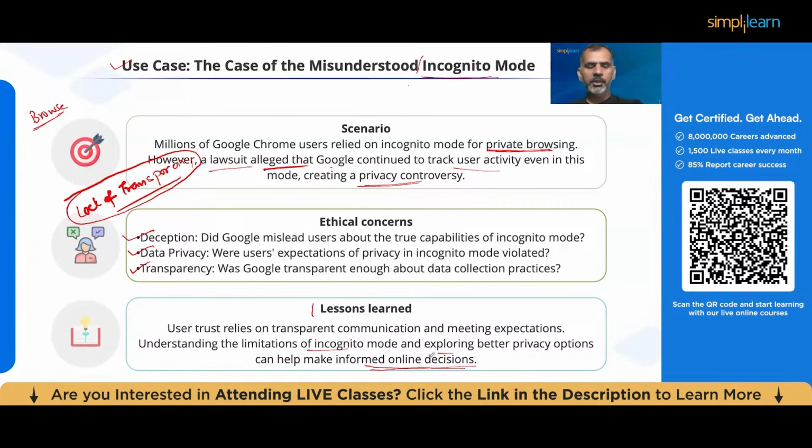You should make users aware, and in that way you can make your users more informed, and accordingly they can use the incognito mode. And if Google is collecting that data, that is okay, but it should be used for non-harmful purposes in a transparent way, guys.